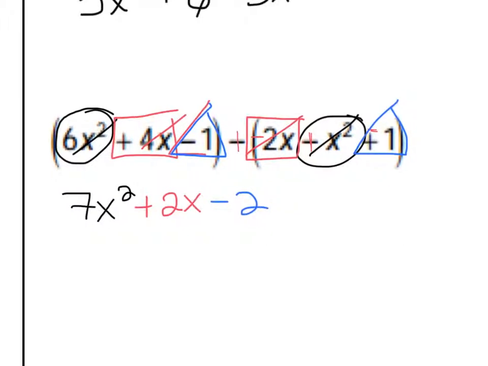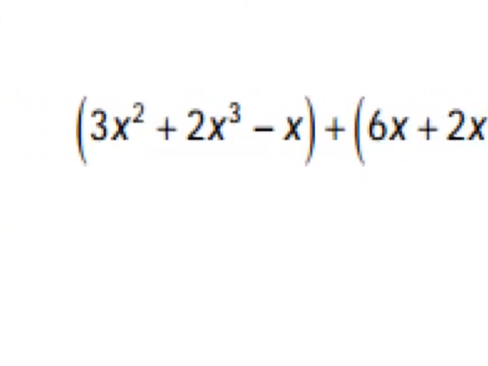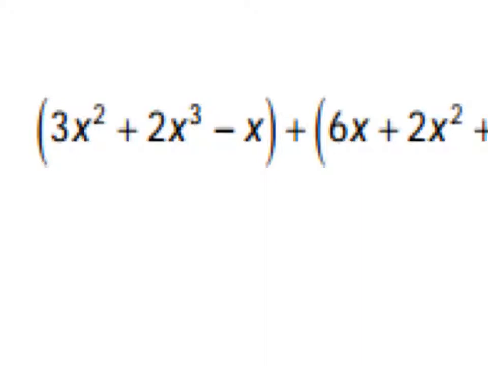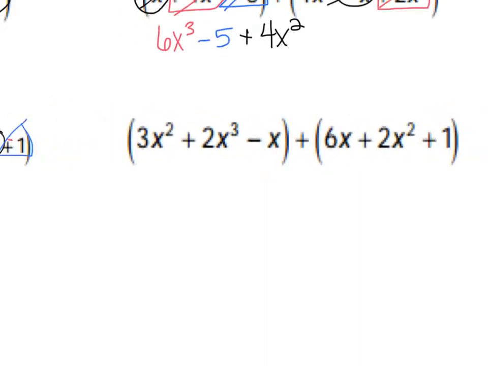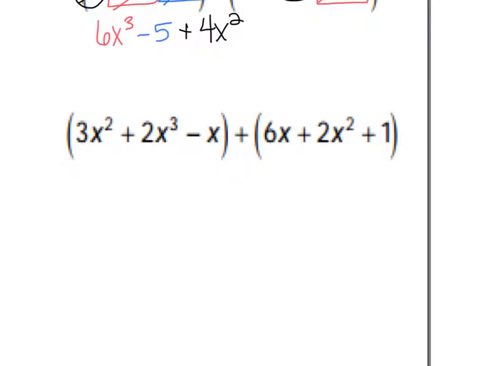Last one to check our answers. This one again has a plus between them, so I don't need to worry about distributing negative. So we can start looking for like terms immediately. So I start with the 3x squared. I look through the whole thing, and there's a 2x squared.